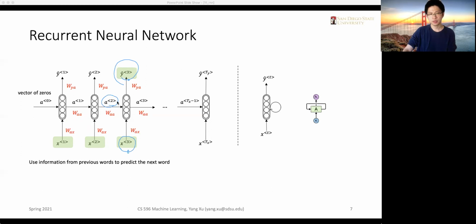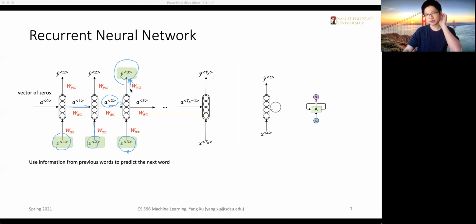A2 is part of the input, but where is A2 from? A2 is from X2 and A1. Which means the information from X2 and X1 are all carried on to the third time step when we compute y hat 3.